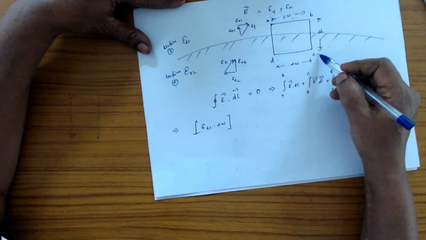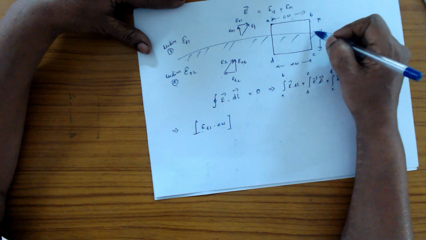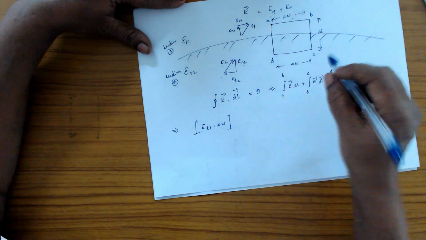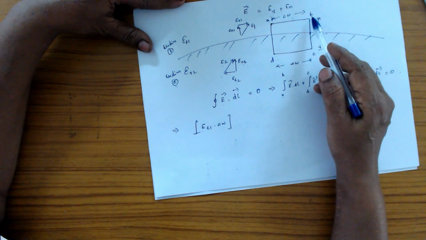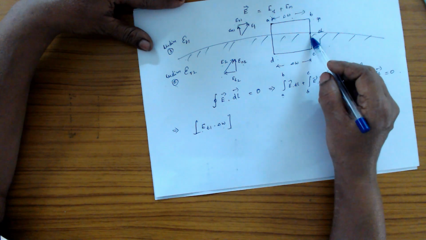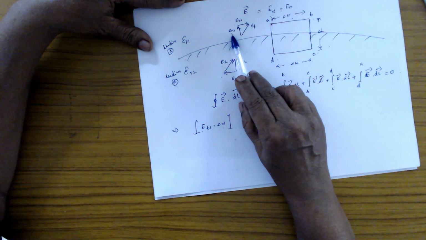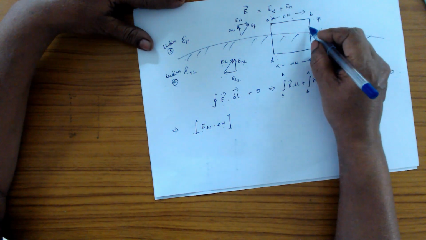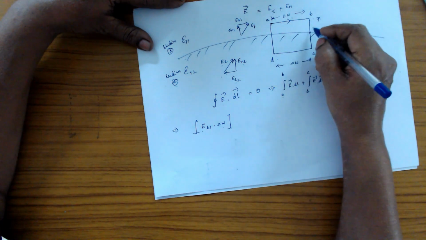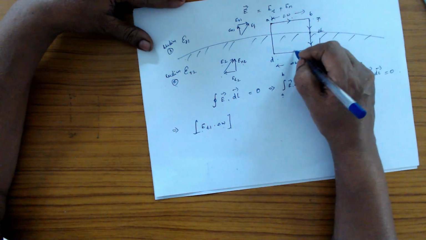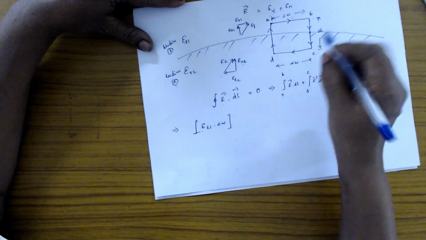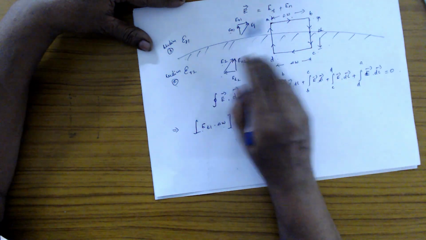From B to C, from B to this interface, at this junction, what is the component? The component is normal, so this direction I'll mark it like this. This normal component and this normal component are opposite.